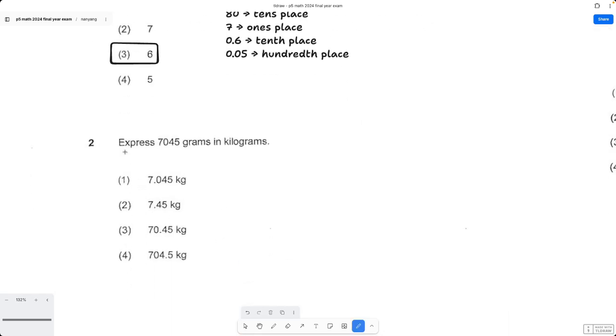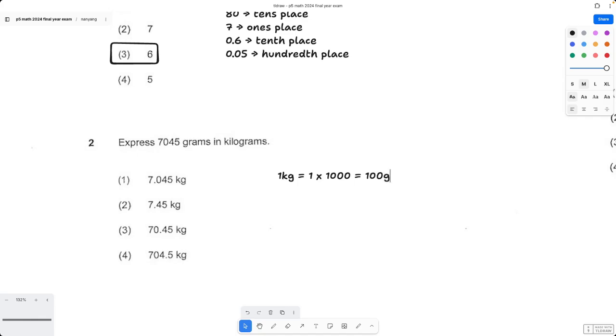It says here, express 7,045 grams in kilograms. Okay, so we know that 1 kilogram is equal to 1 times 1,000, equal to 1,000 grams. So 1 gram is equal to 1 divided by 1,000.